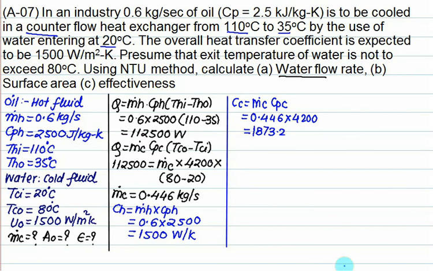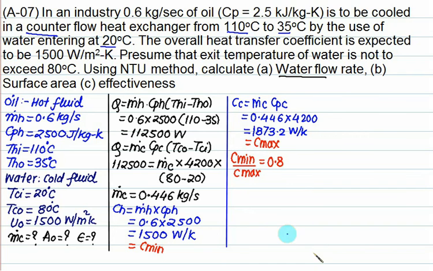So CC is 1873.2 watts per Kelvin. Out of these two, CH is the minimum. So C minimum by C max is 1500 by 1873.2.